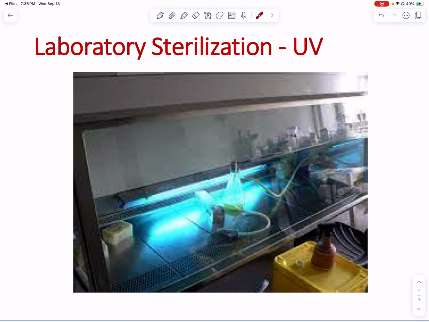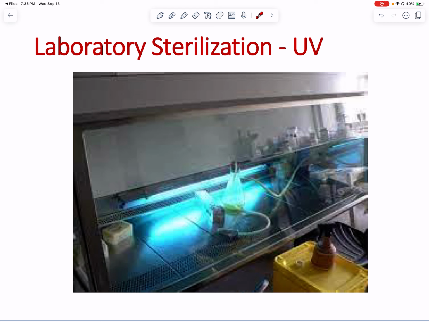Now we also have laboratory sterilization through UV irradiation. What you probably remember is we talked about irradiation in terms of disinfecting things like ground beef or other types of meats. This UV sterilization is no different than what I've explained before. It utilizes UV light to basically annihilate any DNA that's present on surfaces.